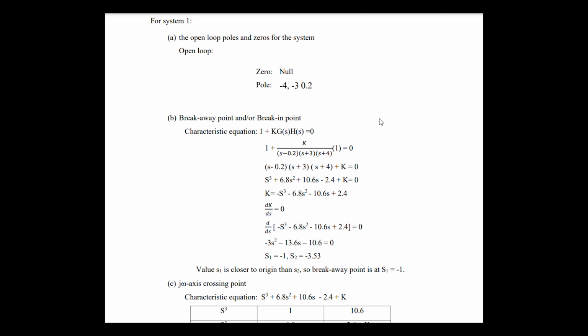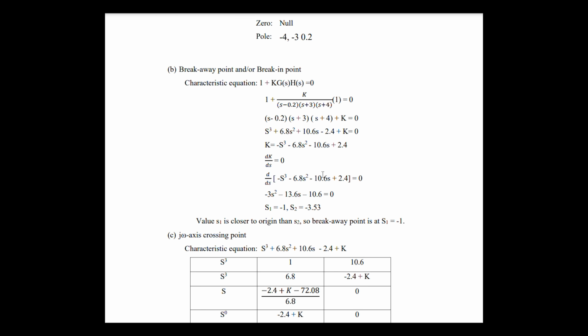By using the characteristic equation, we substitute the transfer function into the characteristic equation to find the value of K for the system. So we get K equals to -s^3 minus 6.8 s^2 minus 10.6 s plus 2.4.